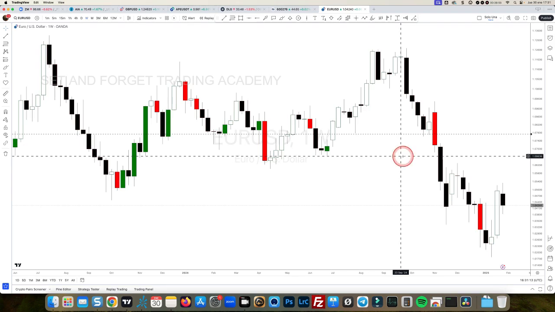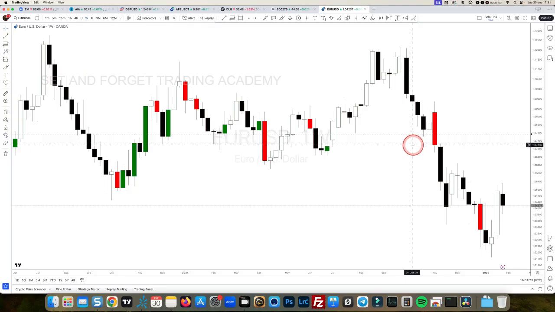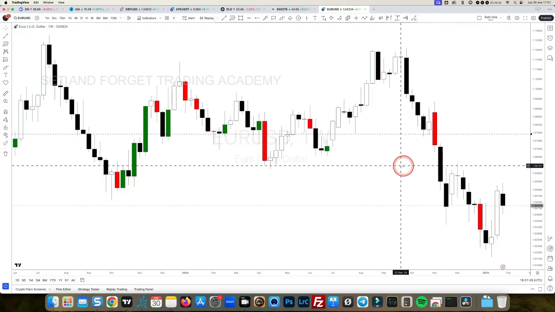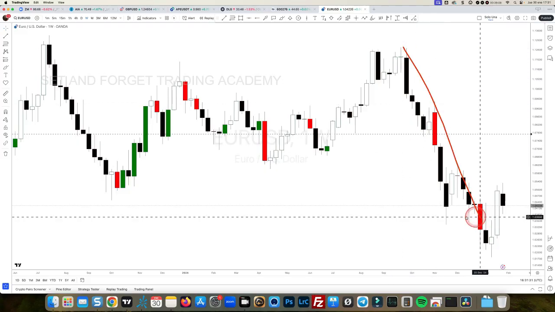And it's good that we could see this scenario on the euro dollar, because it is important to understand that you just cannot force a trend line, and you cannot cut through candles. Okay, so the bearish trend line is not possible.